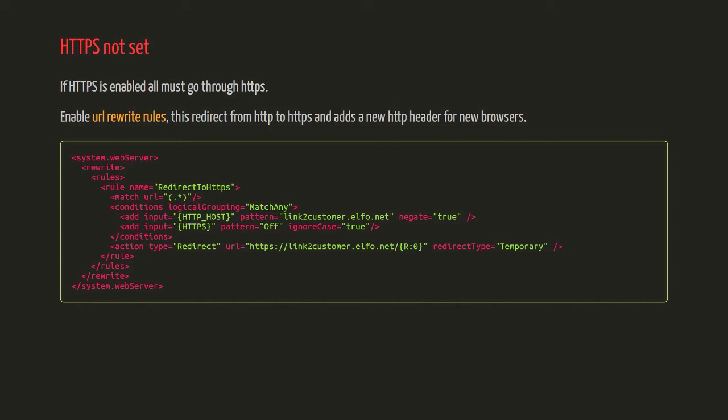And remember that the redirect is permanent if redirect type is not set to temporary. And so the browser no longer asks the old URL. If it happens and you want to change some rules, you can clear the cache. And remember also that the rewrite tag must be inside the system.webserver tag in web config.